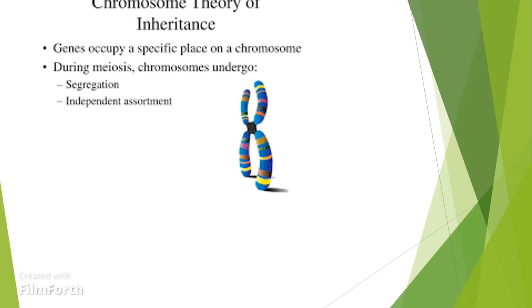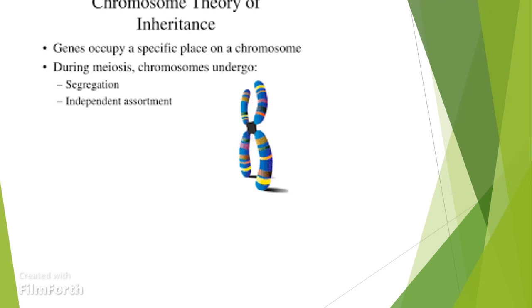Mendelism stated that genes separate, but genes are situated on the chromosome. In this picture you can see genes in the form of rings, they are present on the chromosomes, and it is the chromosomes which will segregate during meiosis, and chromosomes will show independent assortment.